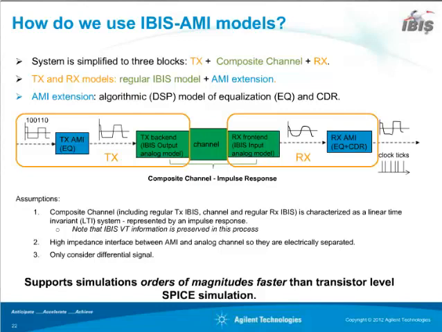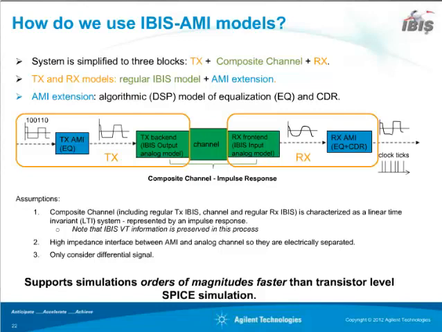So what is the flow for IBIS AMI? We'll cover this a bit more in detail with the channel simulation itself, but here is what it looks like. When you consider a system with a transmitter at one side and a receiver at the other, and a channel in the middle, the IBIS AMI models really come in two parts. There is the IBIS section and the algorithmic section.